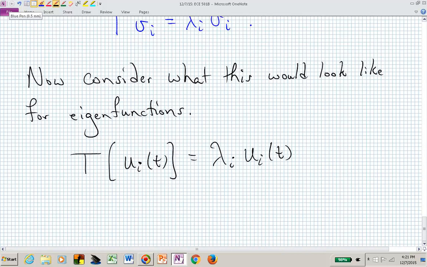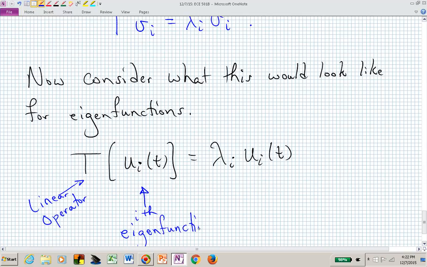This capital T is the linear operator, u sub i is, let's say, the ith eigenfunction, and lambda sub i is the ith eigenvalue.